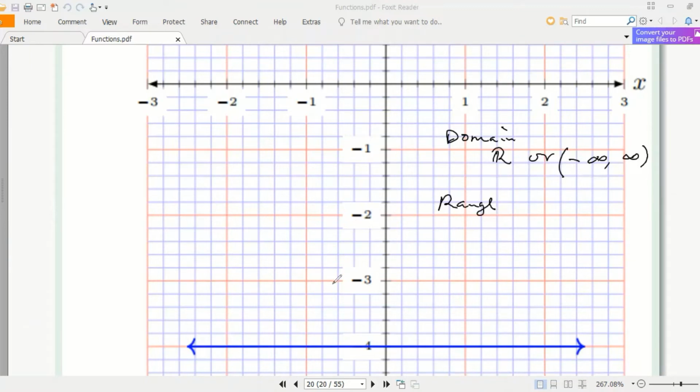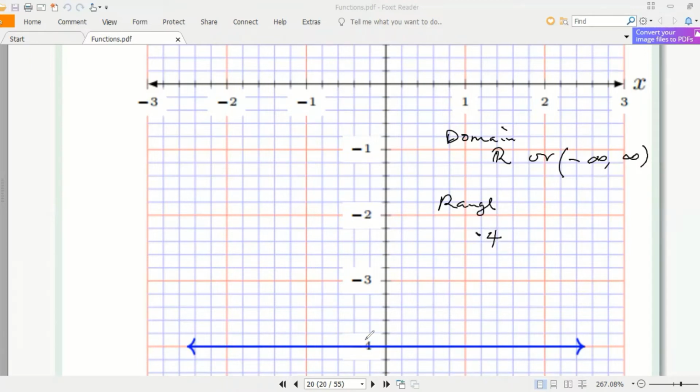What about the range? What is the lowest y value and what is the highest y value? I can only see one y value, which is negative 4.